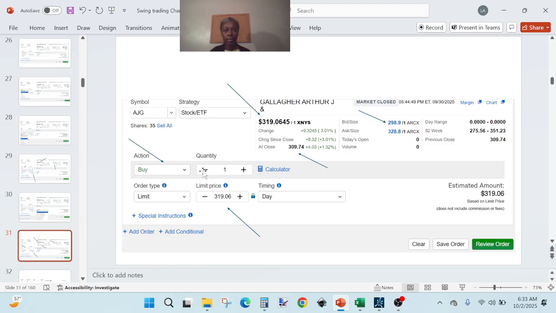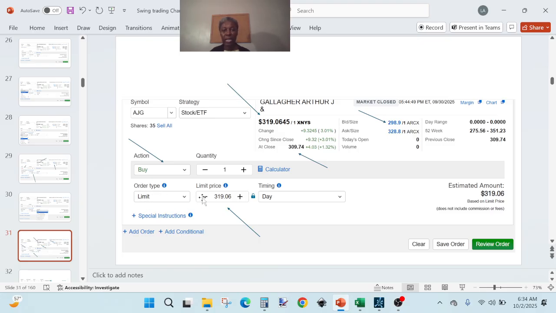Now, after you sold those stocks, you'll go back again, click on trade and stock, or if you already have the page open, you'll put in the symbol of the stock you want to buy. You'll select buy for action, the quantity you want to buy, limit for order type, and the limit price.